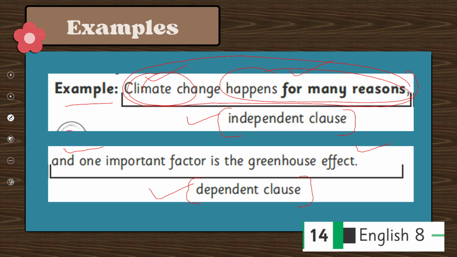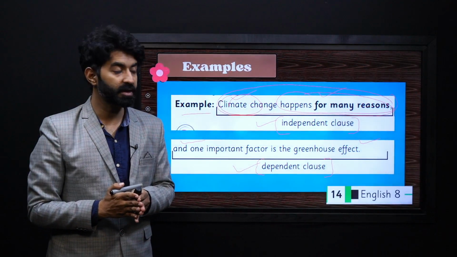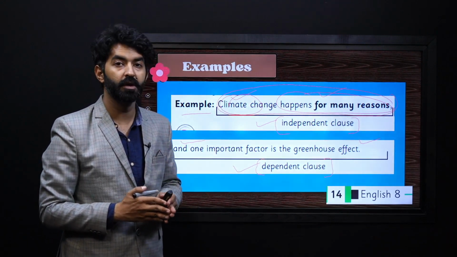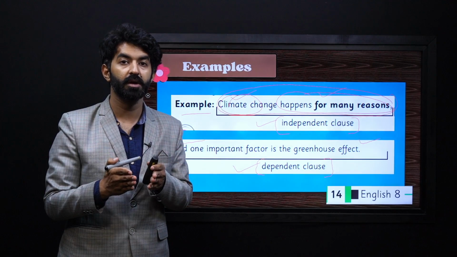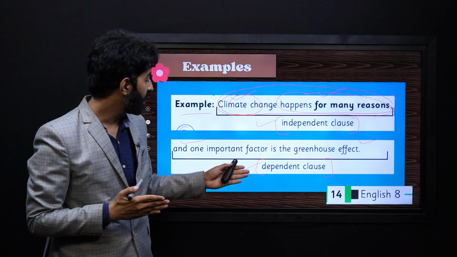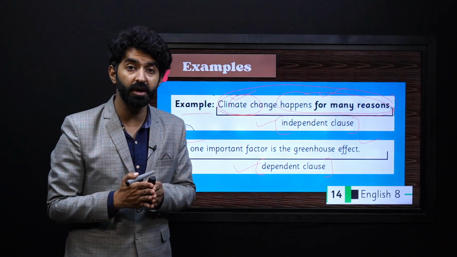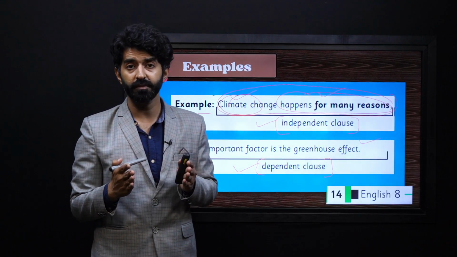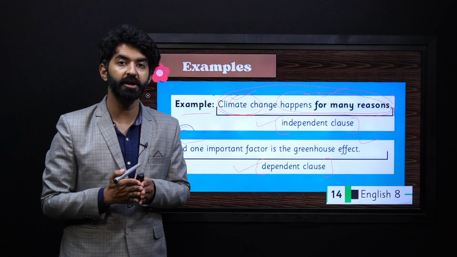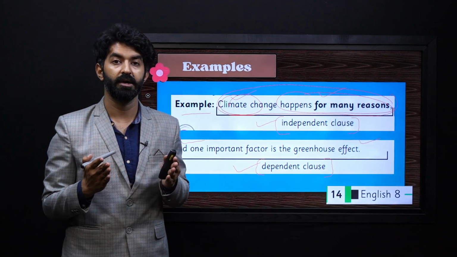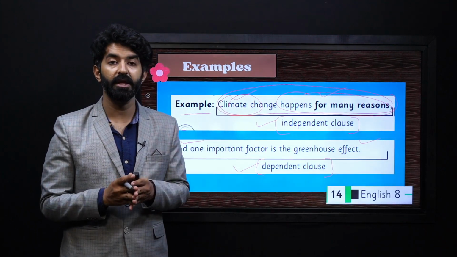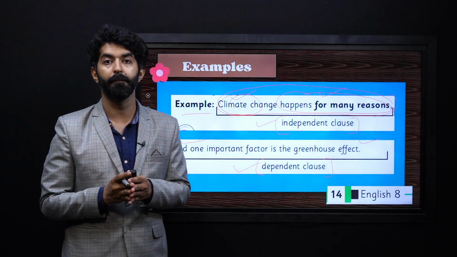Because if you just read this, we need some information before it to understand what we are talking about. That's why this will be called a dependent clause. It does not have any subject and a predicate.